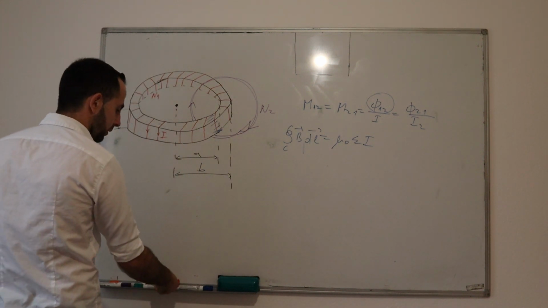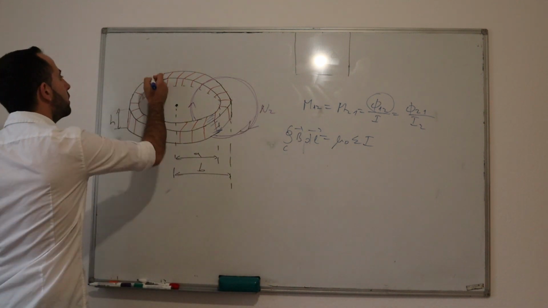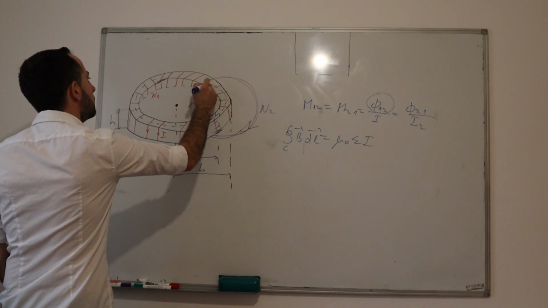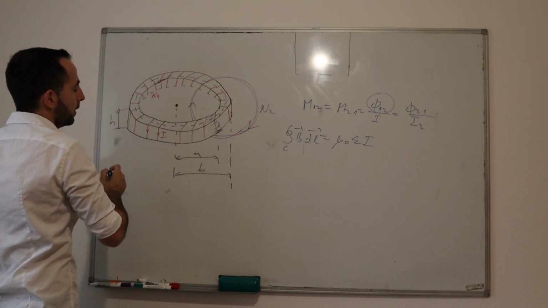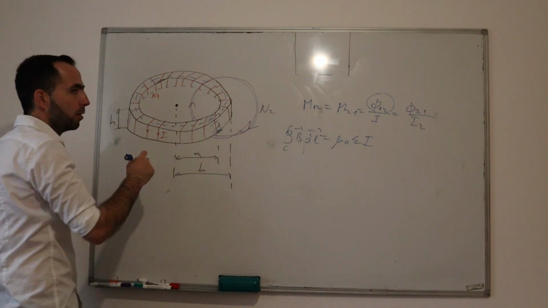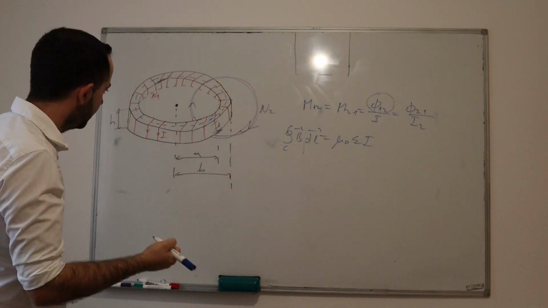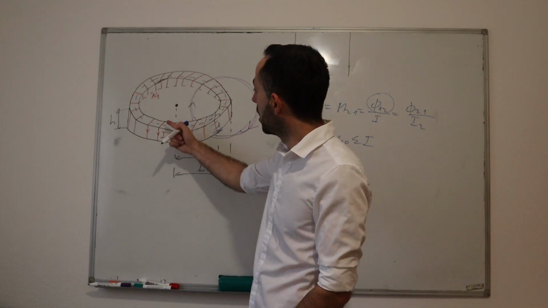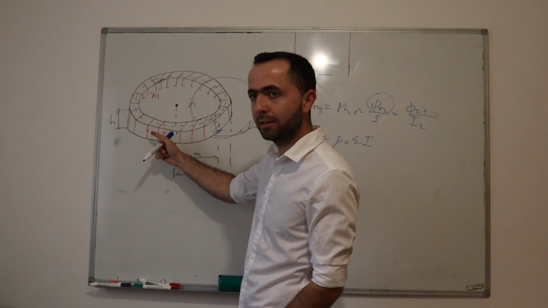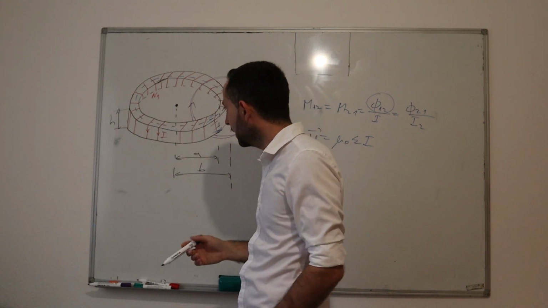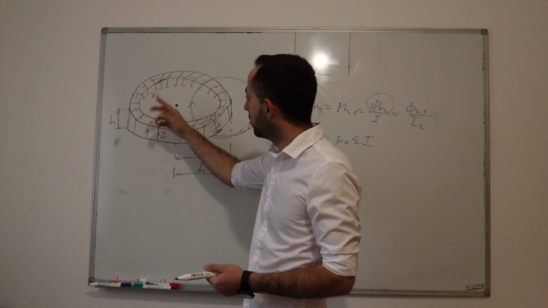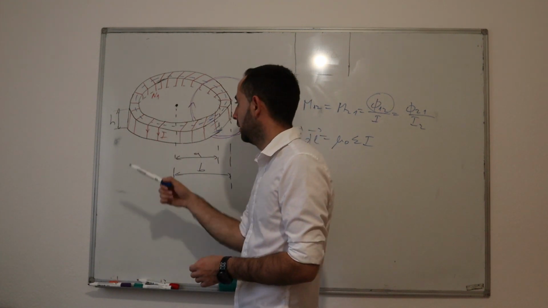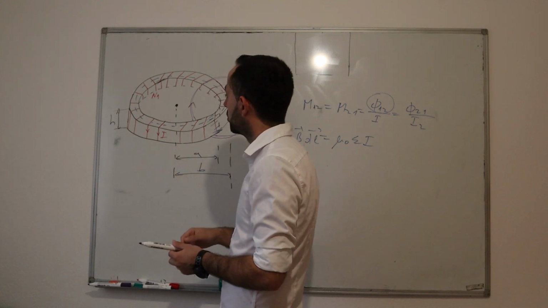So we will choose our closed contour here. What is the direction of our closed contour? We will choose the same direction as the direction of the magnetic field. How do we determine the direction of the magnetic field? Here we have the direction of current and how this conductor is wound around this toroid.